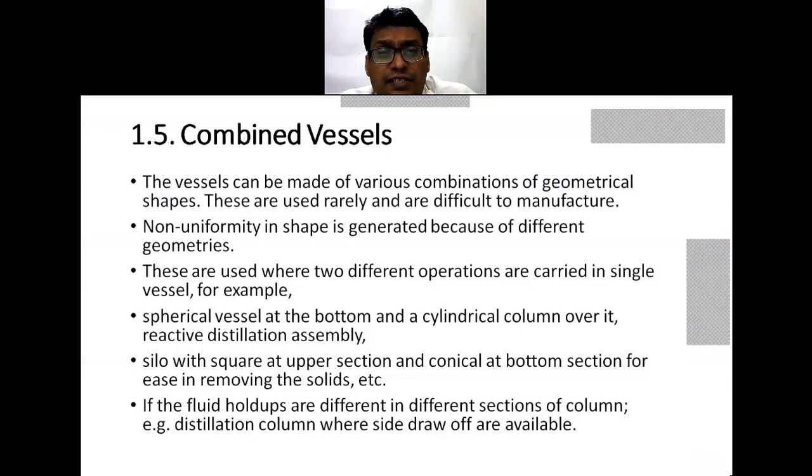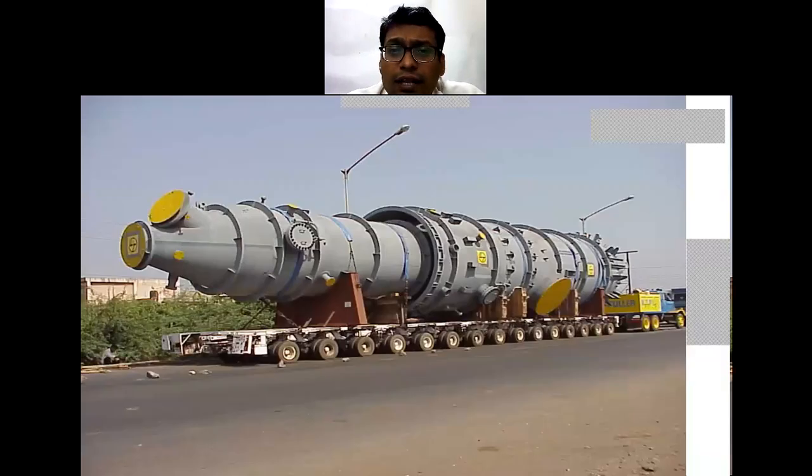Then combined vessels. Now looking at this figure, you can see the dimensions: the upper section with a higher diameter, the lower section with a smaller diameter, and the bottommost section with a conical shape. So three different dimensions are considered, even though such complicated shapes are difficult for fabrication and the cost involved is higher.